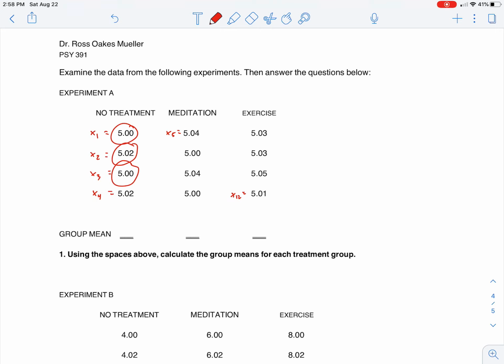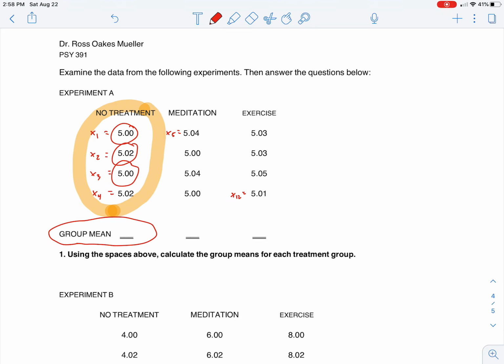And what I want you to do is a couple things. First of all, and I'll do this for one of these, take a look at all the people in one condition. This is the no treatment condition. And you're going to try to calculate what the group mean is.